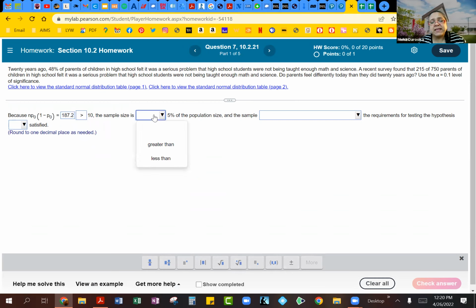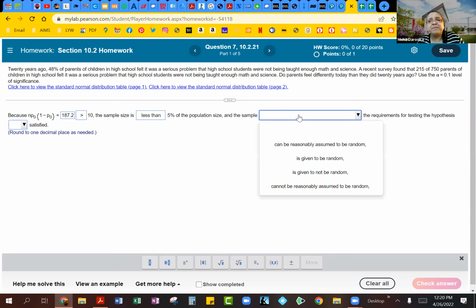Is our sample size less than 5% of the population size? We're going to assume that yes, it is, that we hopefully have a large population. So this is an assumption we're going to make. The sample size is less than 5% of the population. And then they didn't really tell us in the language of the problem whether this was a random sample or not.